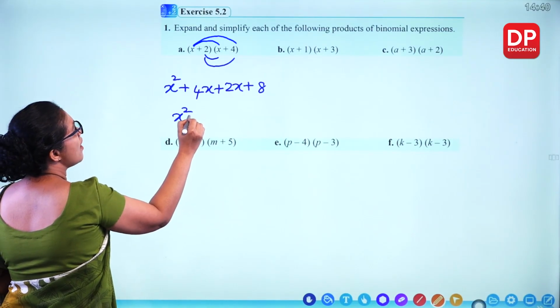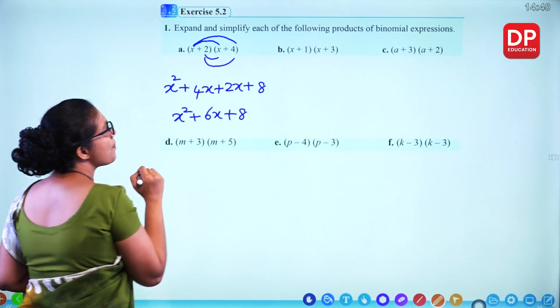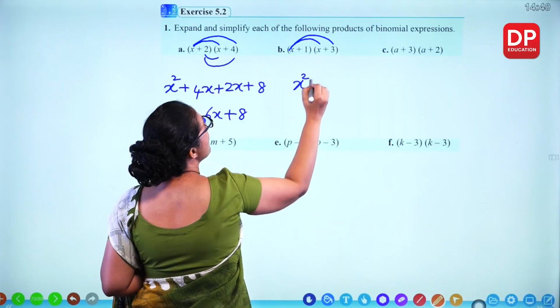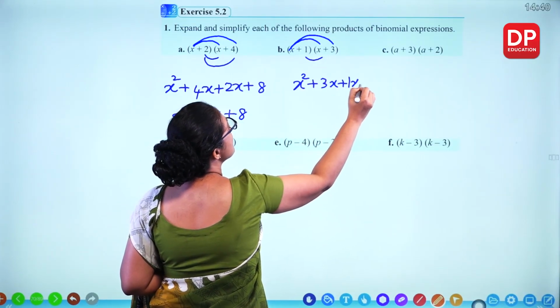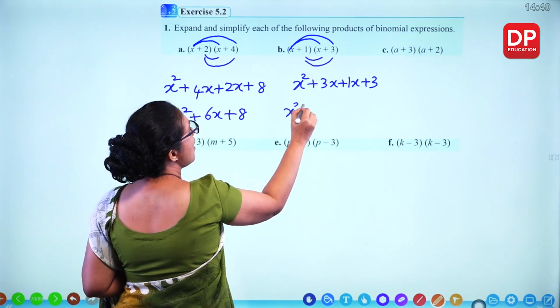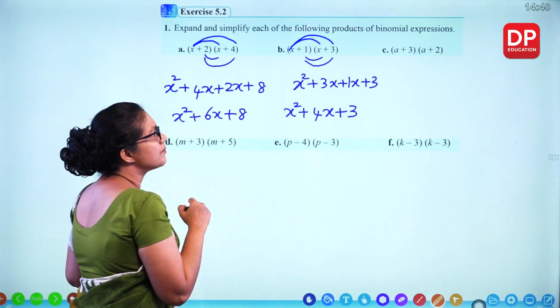You get x squared plus 4 plus 2, 6x plus 8. This one, x squared plus 3x plus 1x plus 3. X squared plus 4x plus 3.